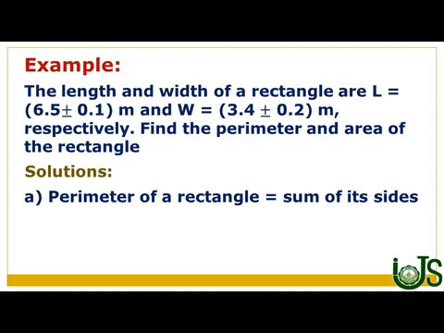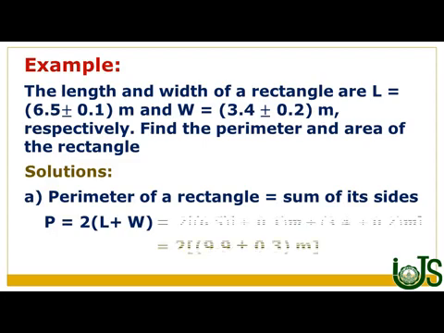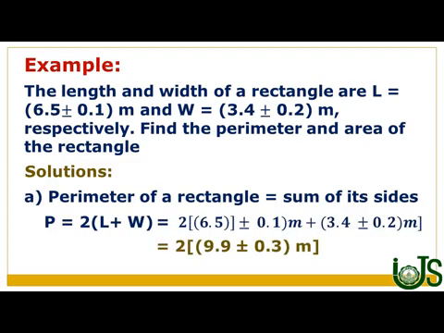To get the perimeter, following the formula, P is equal to 2 times (length plus width). So the perimeter is equal to 2 times (6.5 ± 0.1 meters plus 3.4 ± 0.2 meters). You add first the measured values, so it is 9.9.